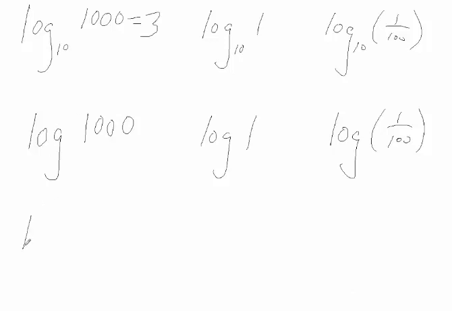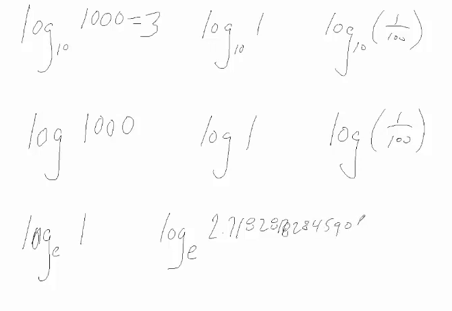Likewise, if I had log base e of 2.718281828459045, if it's base e, this is rewritten as ln, the natural log, with e being the natural base.